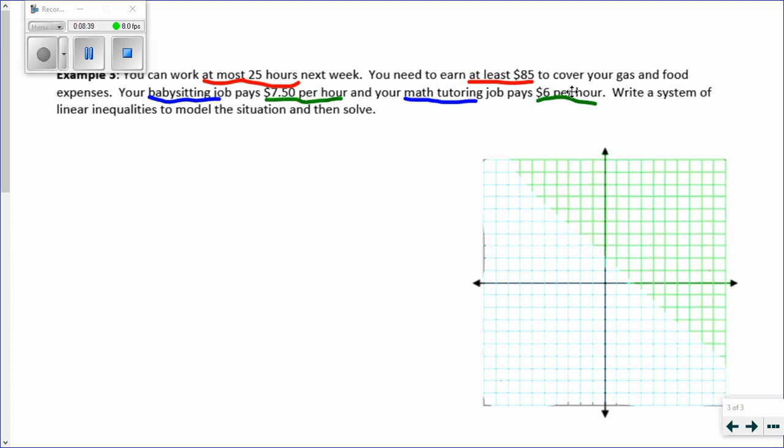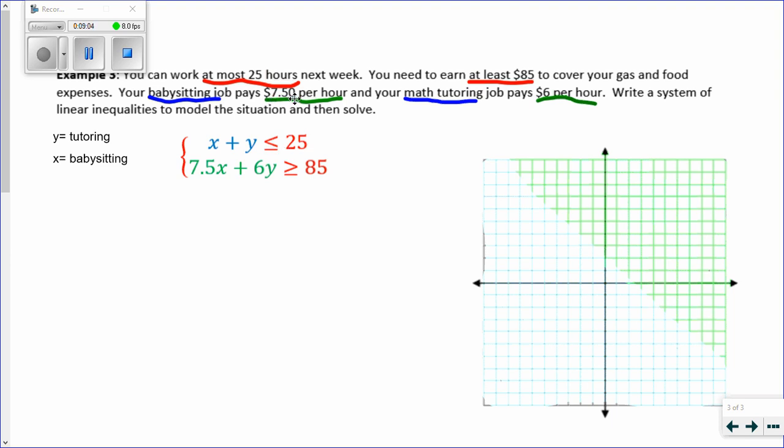Okay, so I first came up with my variables. I said y is tutoring and x is babysitting. Okay, so to make up the 25 hours, you'll do x plus y, and at most means has to be less than or equal to 25.